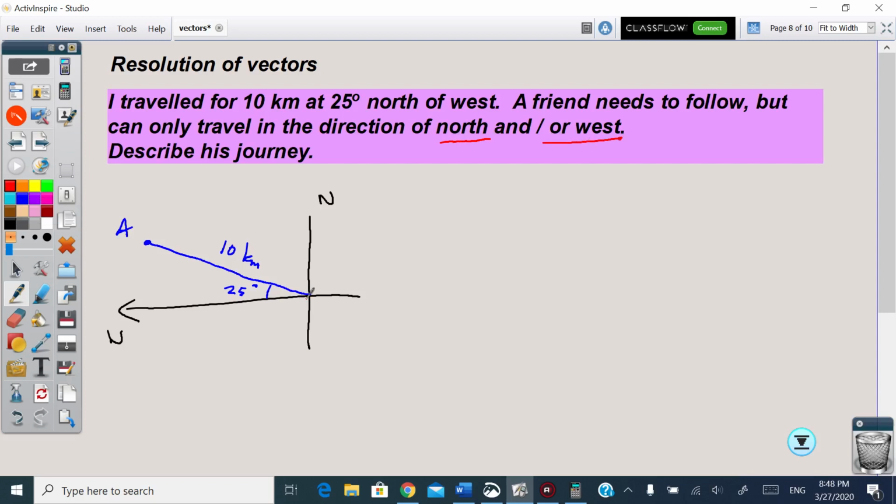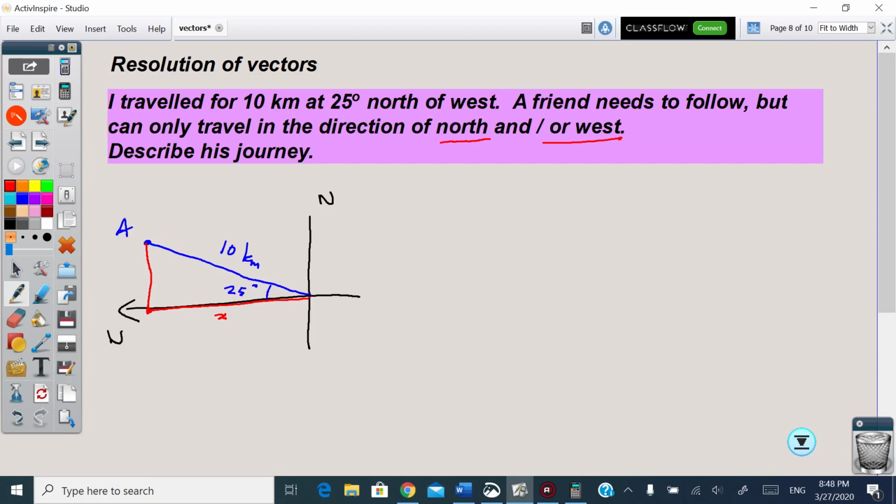So he can travel along this path until he is directly south of me, and then travel north. So what is this distance that he has to travel west?